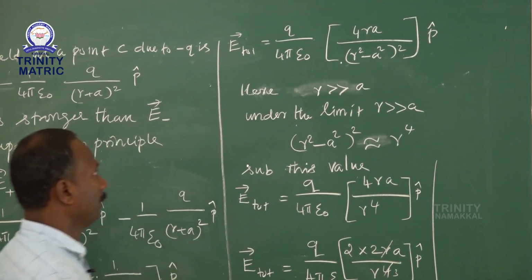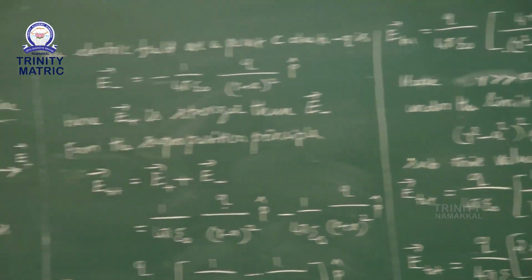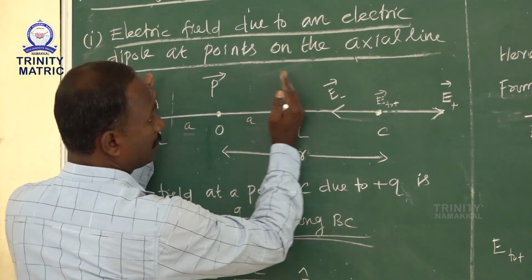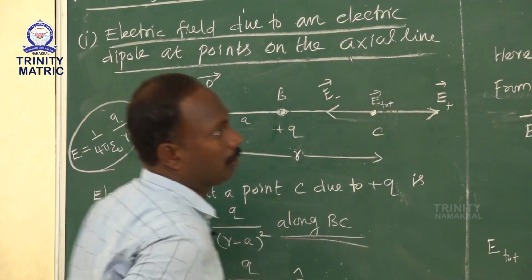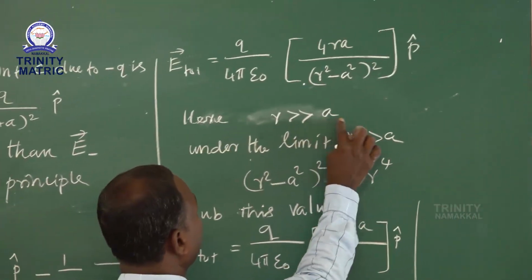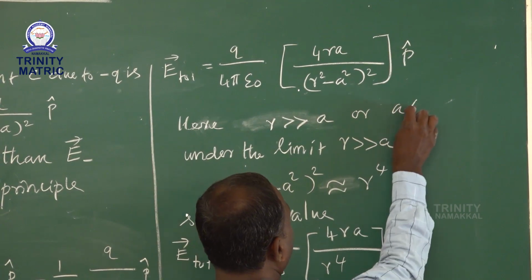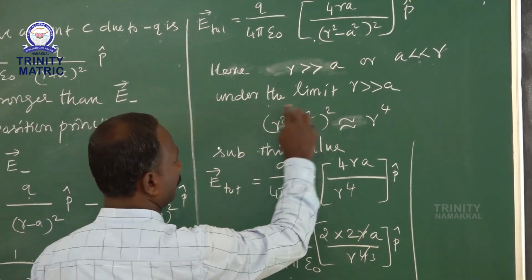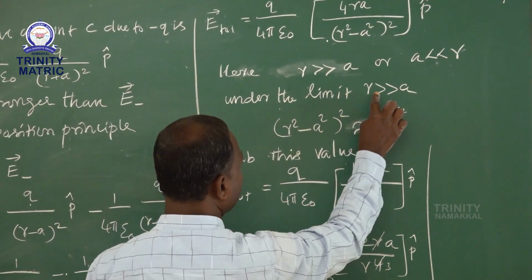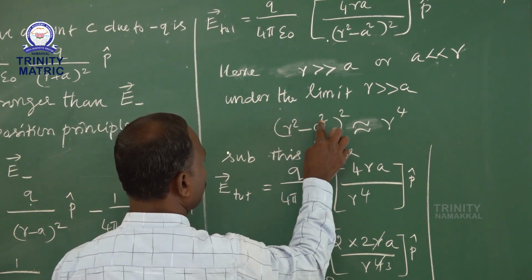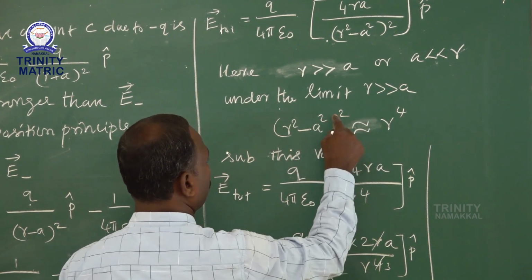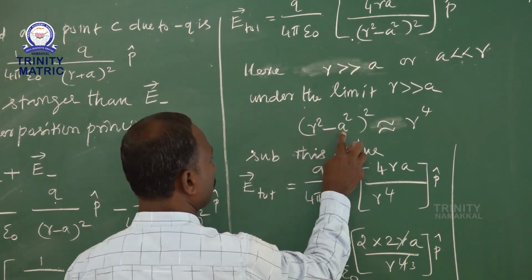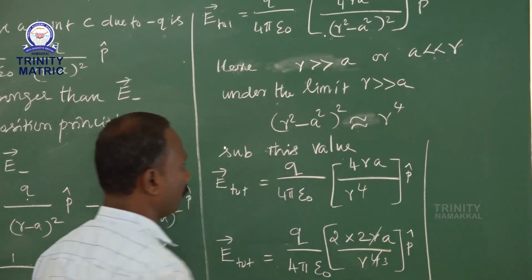Here, the distance between the two charges is very small. A is very small compared to R, so R is greater than A. Neglecting this small value under the condition R greater than A, (R square minus A square) whole square is nearly equal to R power 4.